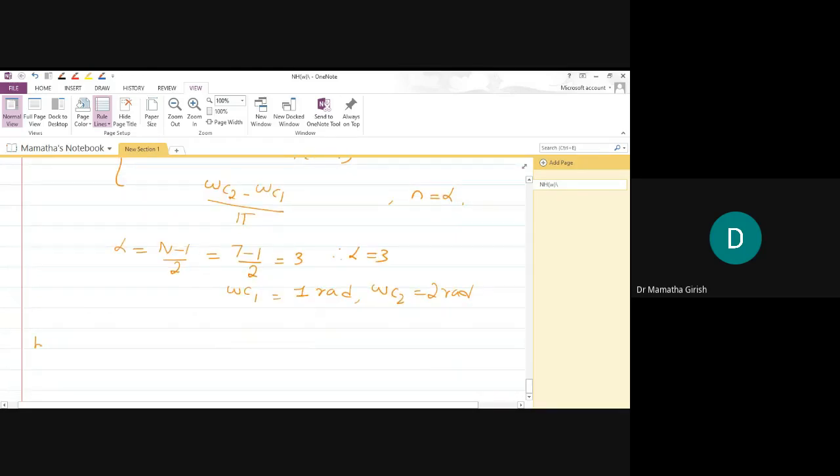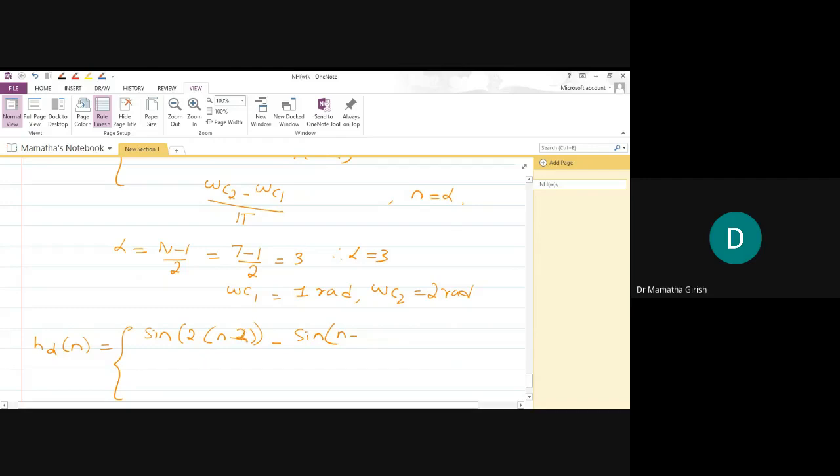Therefore, the final equation for hd of n would be equal to sine of 2 times n minus alpha minus sine of 1 times n minus alpha.